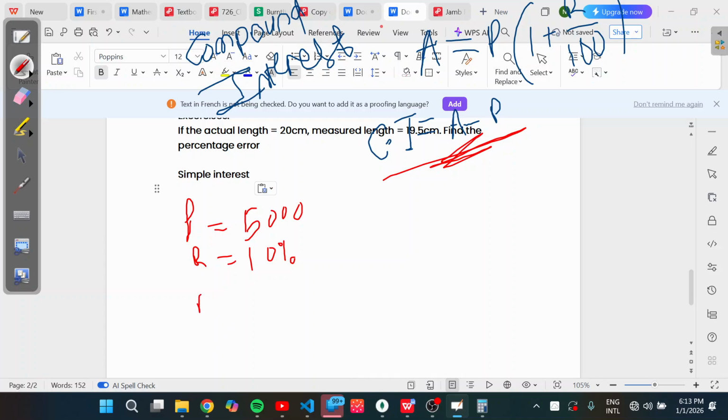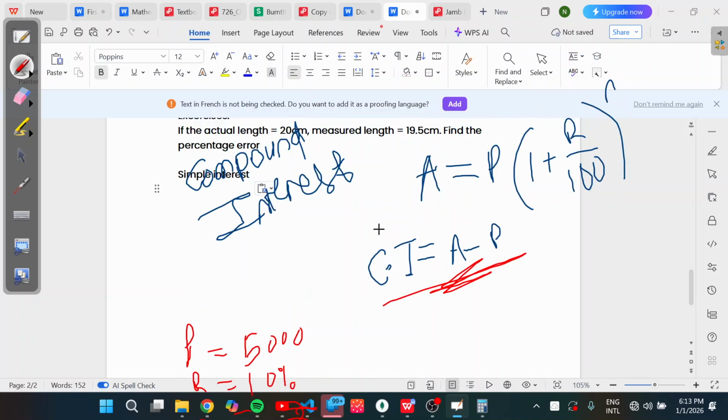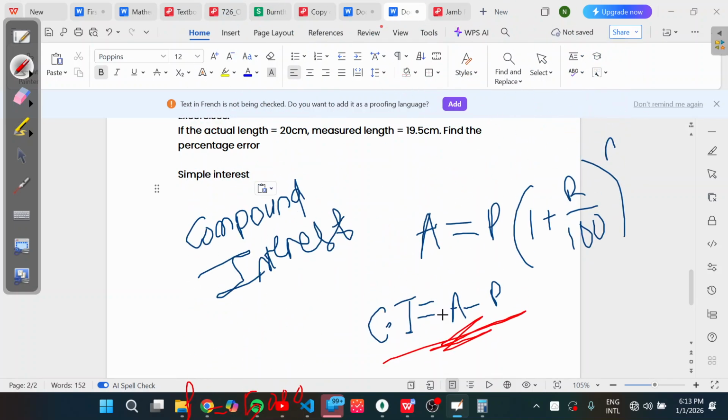So n is going to be 2 years. So I'm first going to solve the amount. So we're going to use this formula.